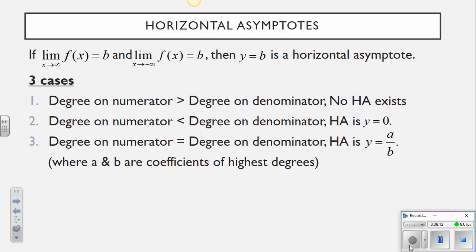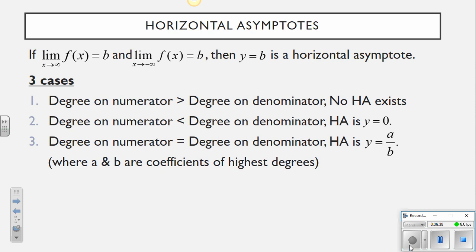Notice that the limits are approaching infinity or negative infinity, and they equal a finite number. Does that make sense? So if the limits approach infinity, it's a horizontal asymptote. If the limits approach a value that's finite, it's generally going to be listed as a vertical asymptote. So that's the biggest way to tell the difference.